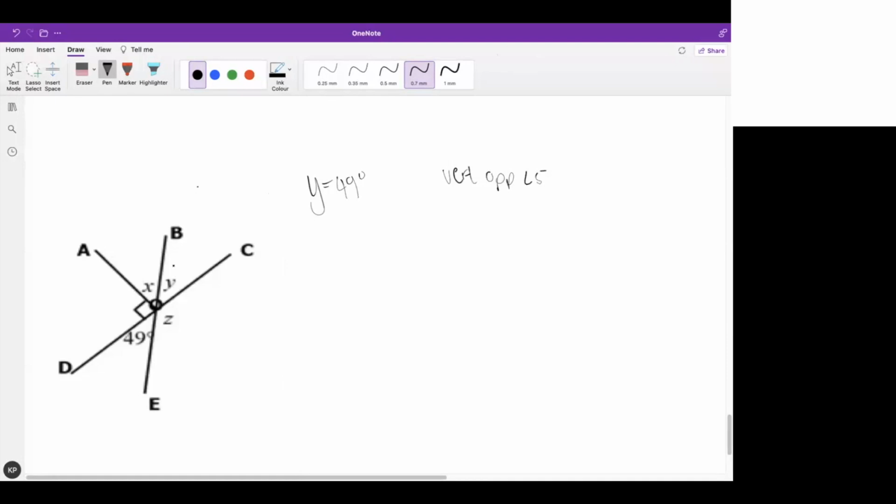So we know this one is 49. What else do we see? Yes, we can see that there's a 90 degrees.